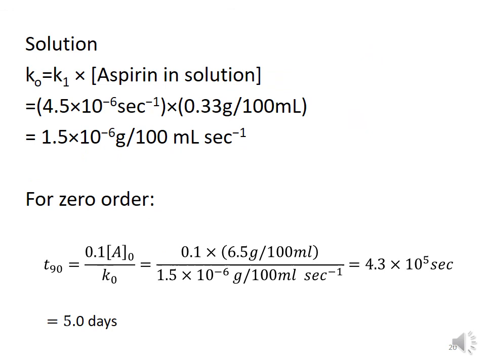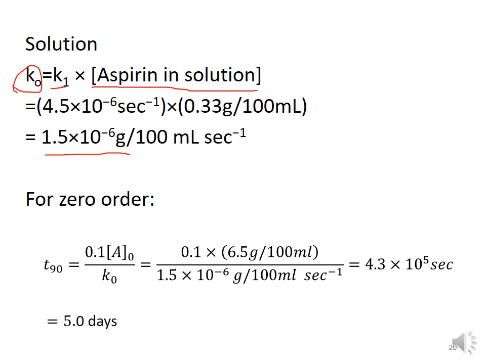The solution for the previous problem: the zero order or apparent zero order reaction rate constant equals the first order reaction rate constant multiplied by the solubility, and it equals 1.5 × 10^-6 grams per 100 ml per second.